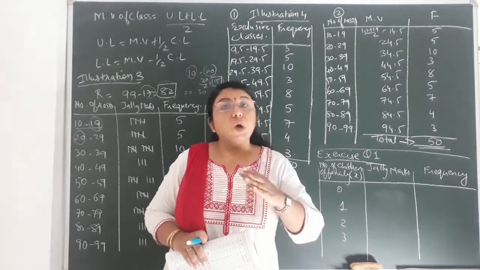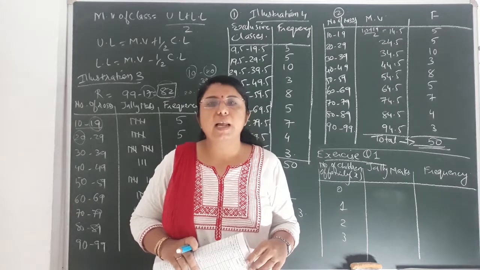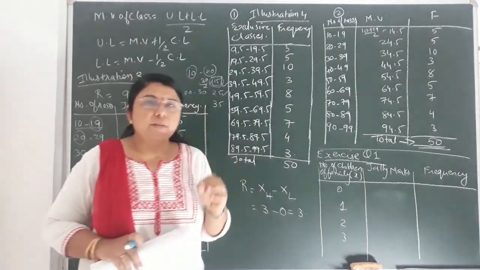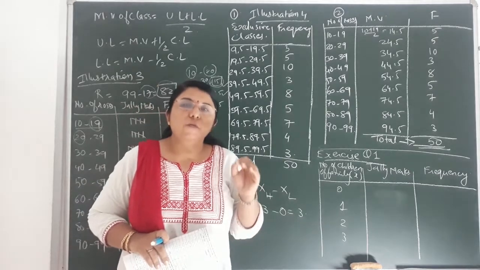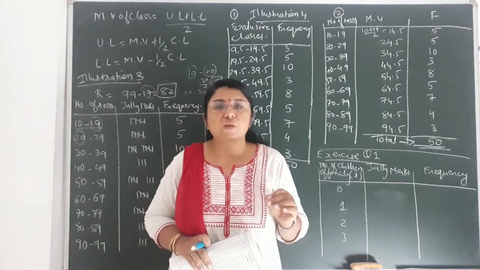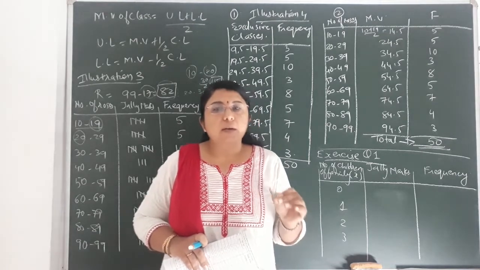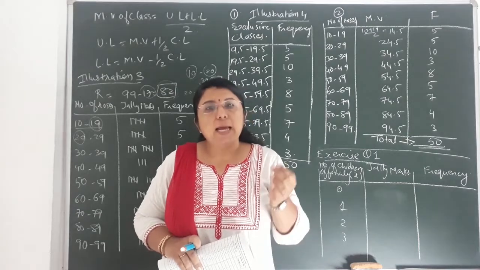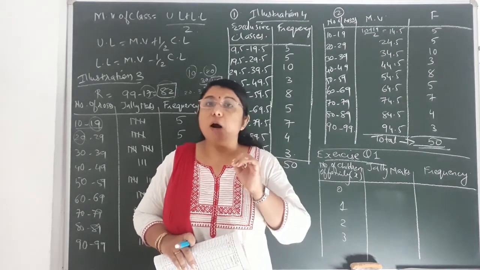But the alternate method I also taught you in the last video lecture, and I am revising that alternate method again. Whenever you want to convert an inclusive frequency distribution into an exclusive frequency distribution, subtract 0.5 from the lower limit and add 0.5 to the upper limit.